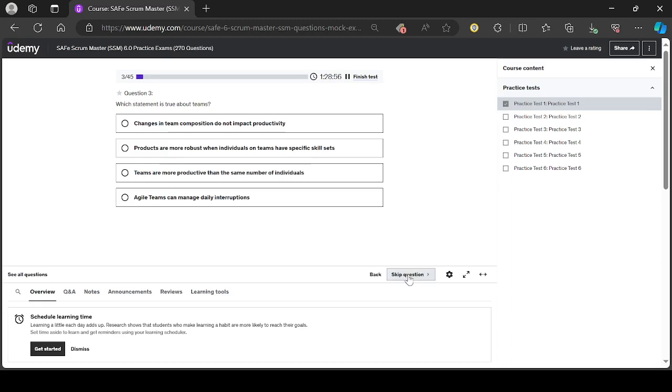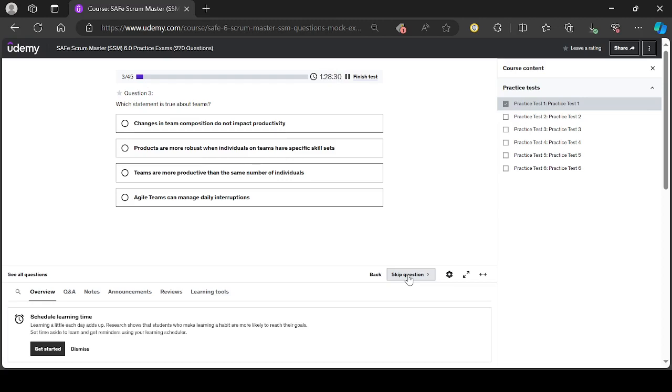The third one is which statement is true about teams. Teams are obviously one of the most important parts of agile. So which of these statements is true about them? First, changes in team composition do not impact productivity. Products are more robust when individuals on teams have specific skill sets. Teams are more productive than the same number of individuals. Agile teams can manage the interruptions.